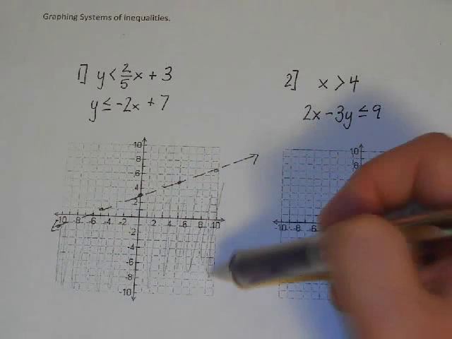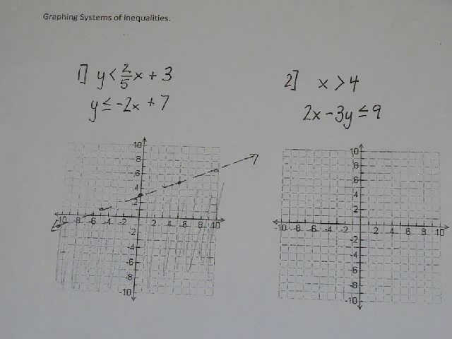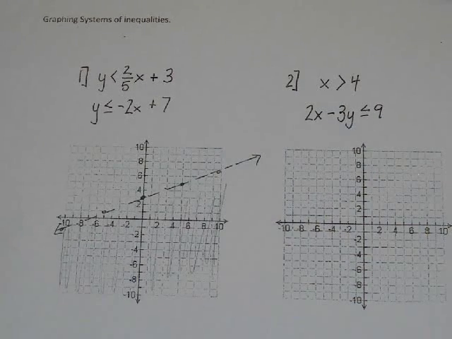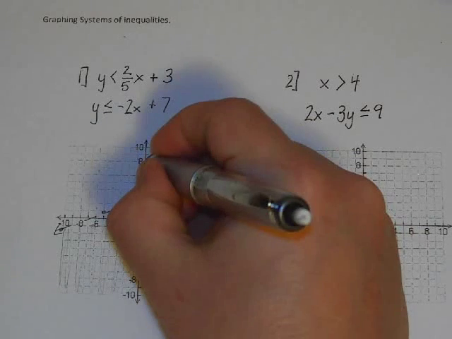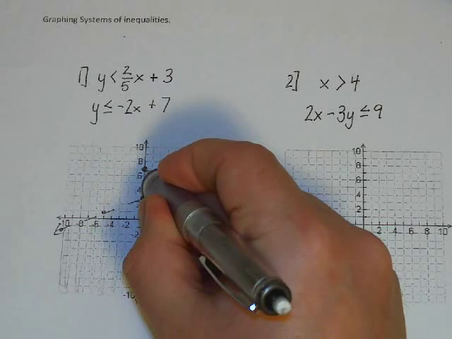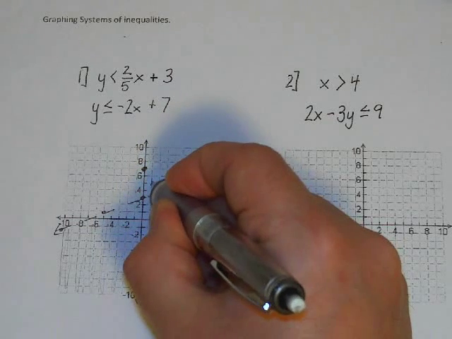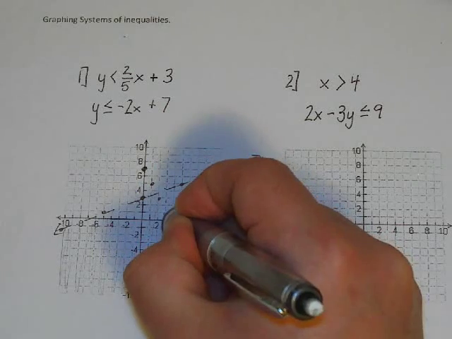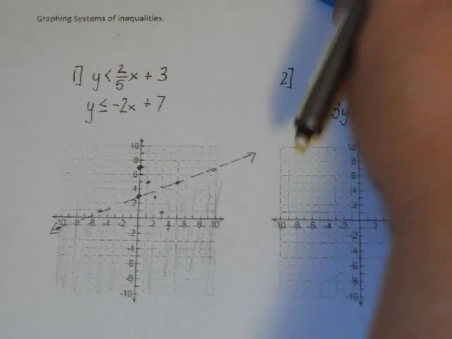Now I'm going to go ahead and graph the other inequality. I see the y-intercept is at 0, 7. Then the slope is negative 2, so we're going to go down 2, right 1. I'm going to do that several times just to give myself a good guide. But this time I'm going to use a solid line because it can be equal to the boundary.